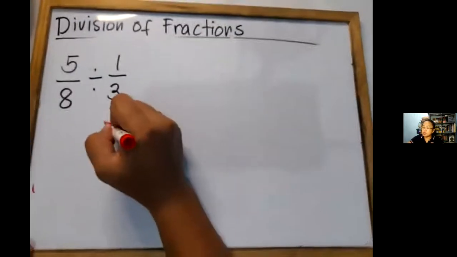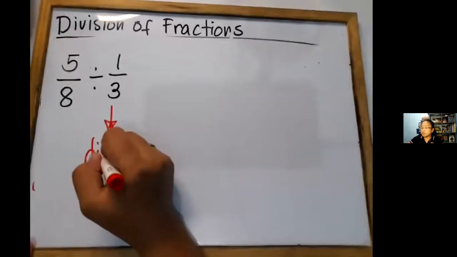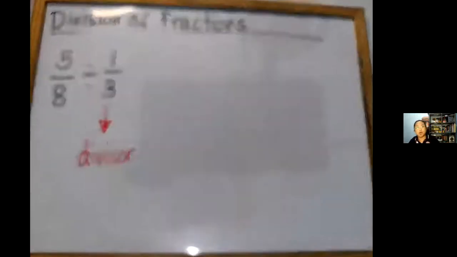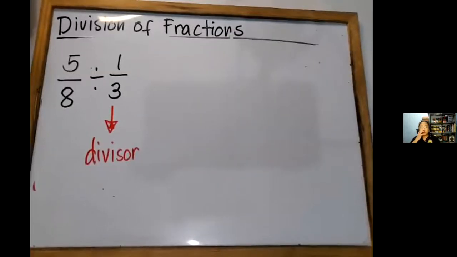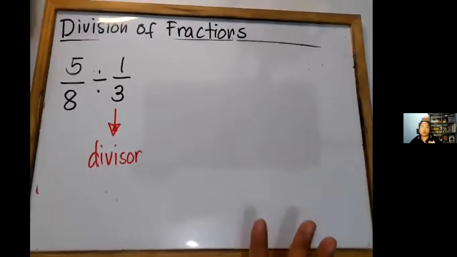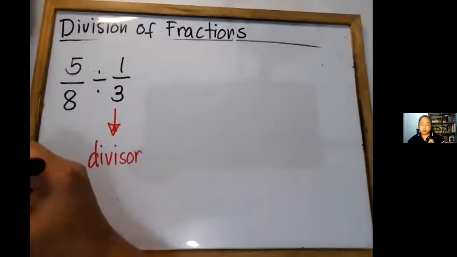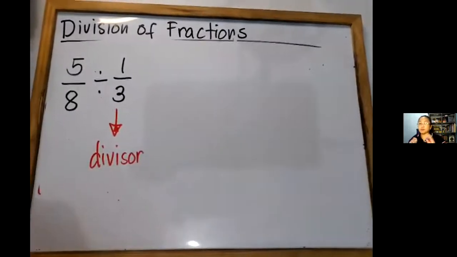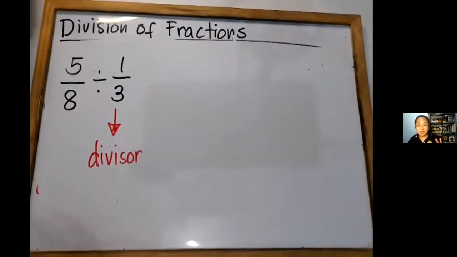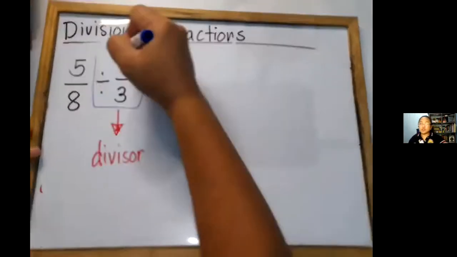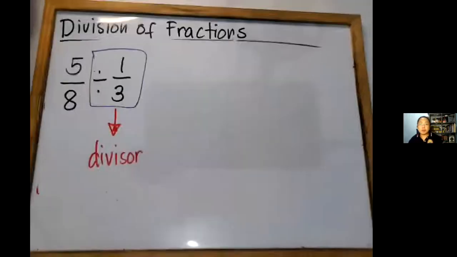Since yan ang ating divisor, expect that we are going to get the reciprocal of the divisor. Yun ang una nating kukunin. So, para mas madali, ibabox natin yung babaguhin natin, para hindi tayo nalilito.